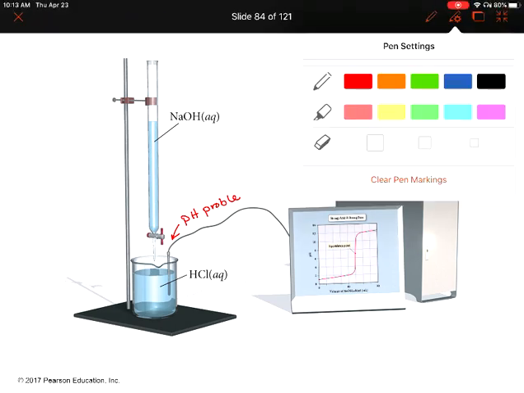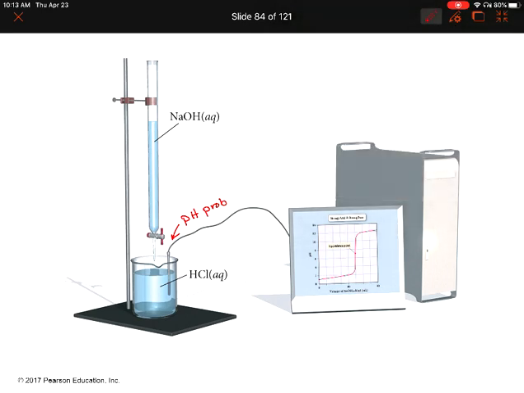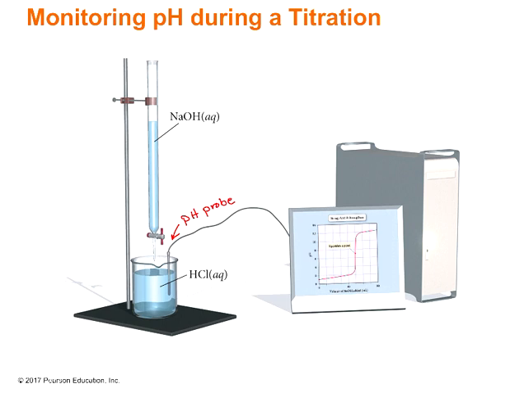That's not right. Already spelling things wrong today. All right, so this pH probe can essentially measure the amount of hydrogen or hydronium ions in solution and convert that to a pH, and then we can track it on a computer or similar device.